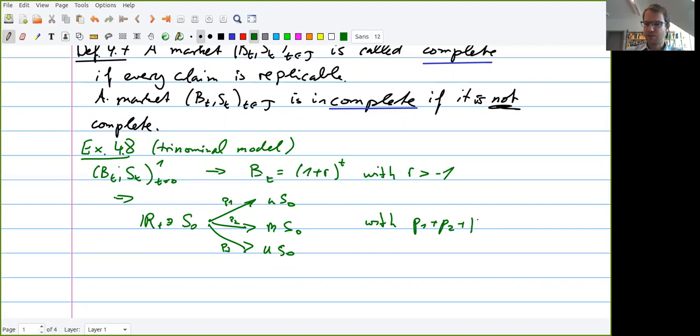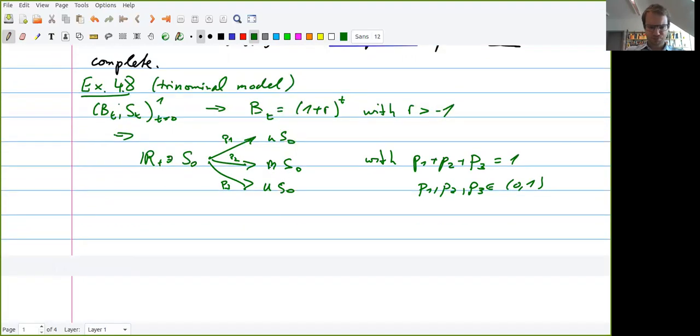You have to have that these are non-negative and strictly positive, so that's really a trinomial model. So this is your trinomial model, and you see if you want now to trade and replicate an option, you end up with 3 possible payoffs in general.